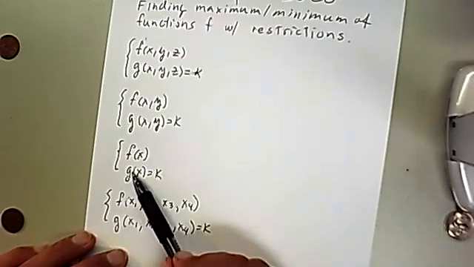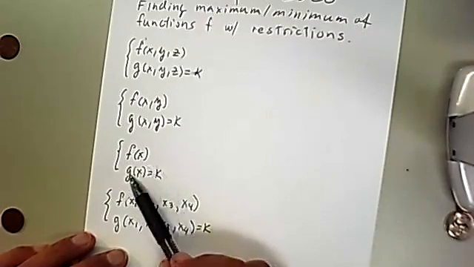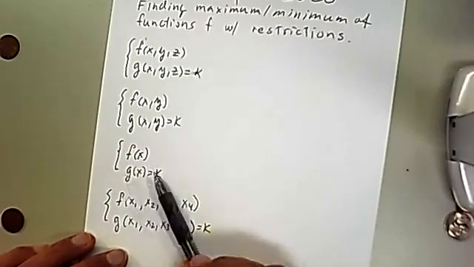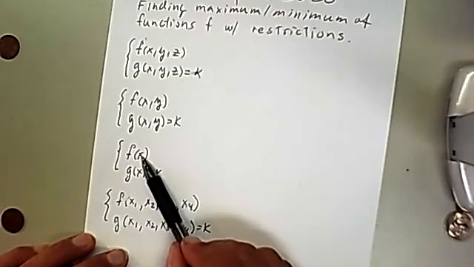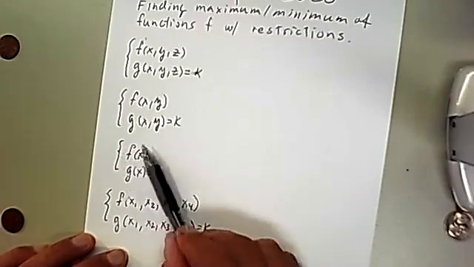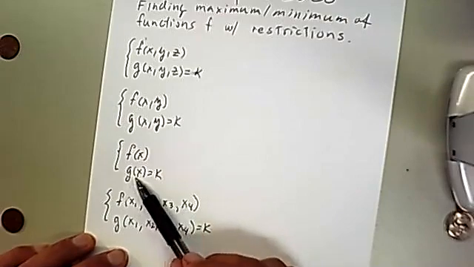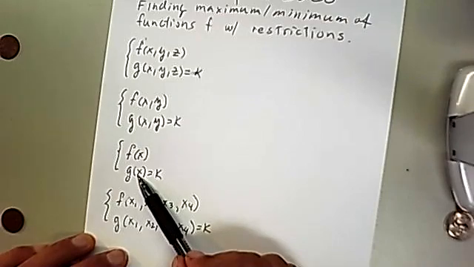Yeah, this is going to give us only typically a finite number of points that we can plug in. So in that case, all you have to do is plug in. And this is almost like a silly example. This doesn't happen really. Because again, this restriction forces x to be fixed. There could be more than 1 value, but only a few values typically.